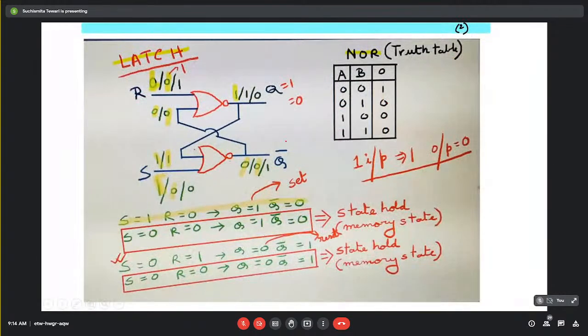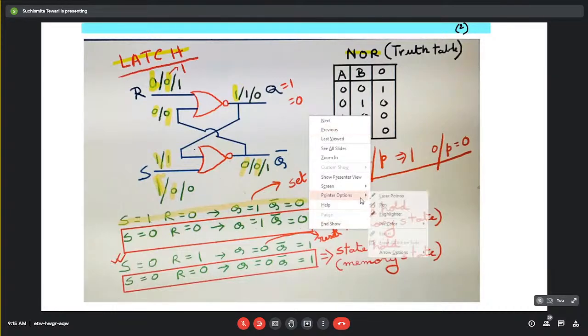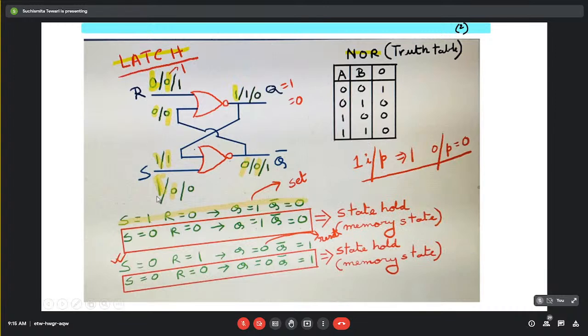This combination. Suppose S is equal to 0 and R equal to 1. S 0, R 1, or maybe we can consider this one first: it is 1, this is 1 and this is 0.